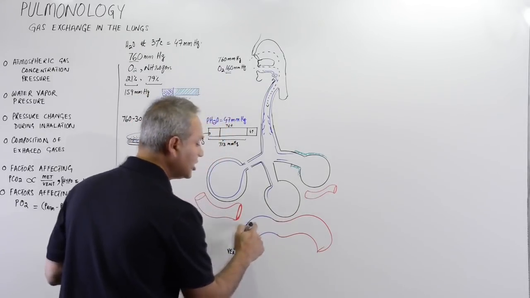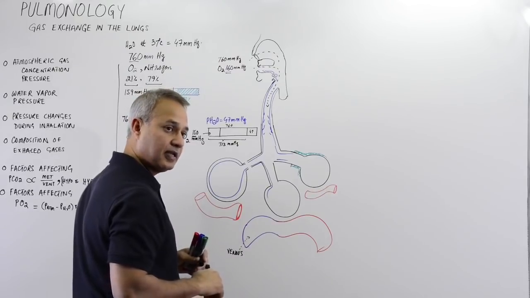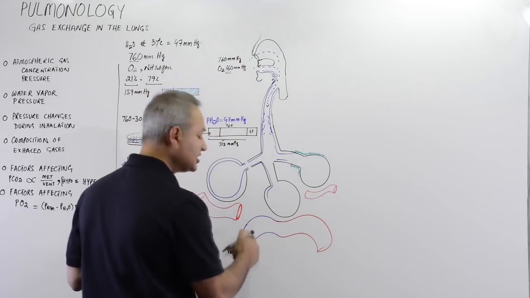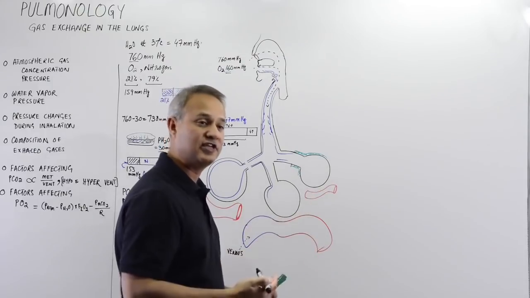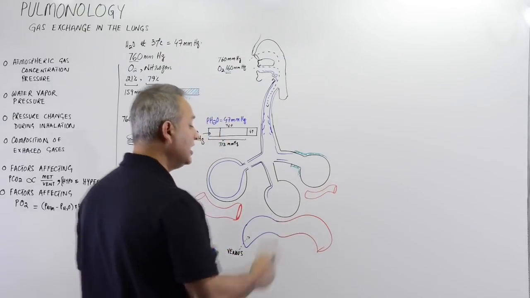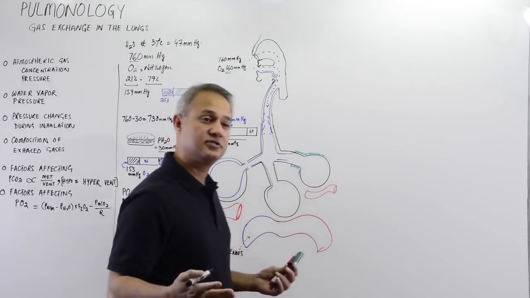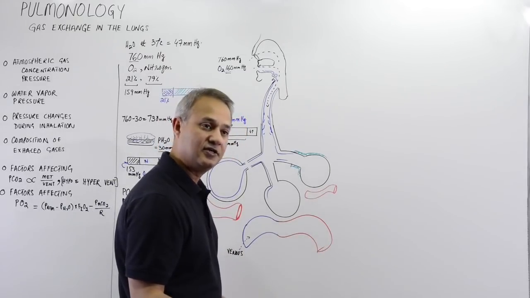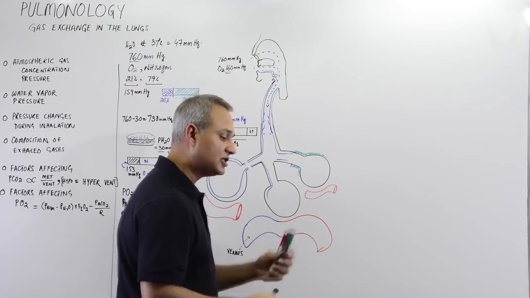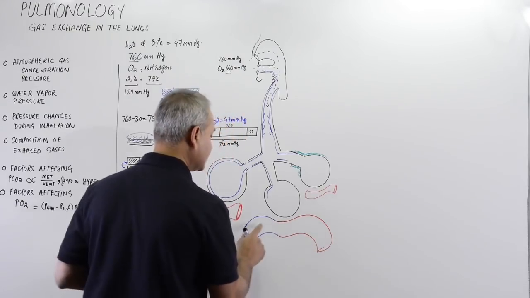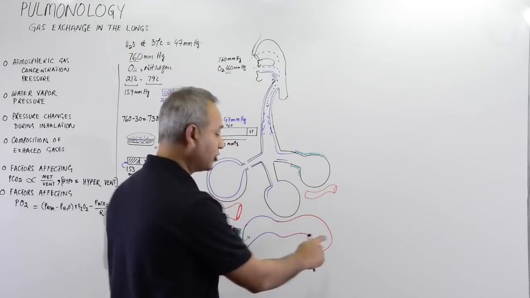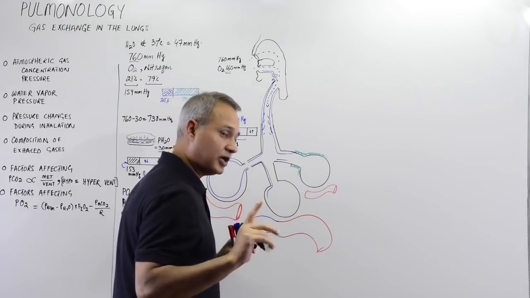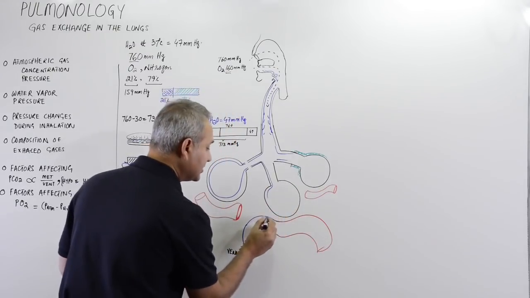So it has carbon dioxide here. And what is less in the venous blood compared to arterial blood? Oxygen. Arterial blood had more oxygen, tissues have eaten it. Tissues ate the oxygen and gave back the carbon dioxide. Carbon dioxide is more here, oxygen is less here. Got it?